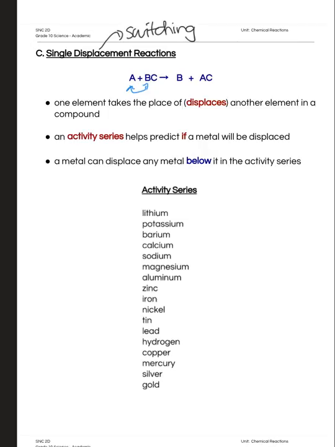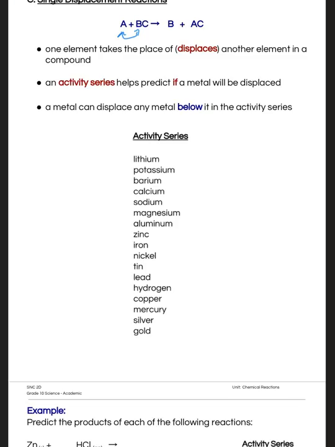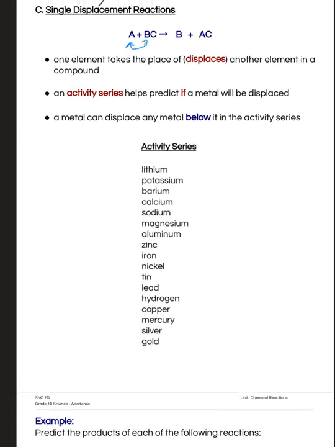The same idea applies here: the higher the element on the activity series, the more likely it is to displace. A metal can displace any metal below it in the activity series. For instance, lithium can displace any of these because every other metal is below it.